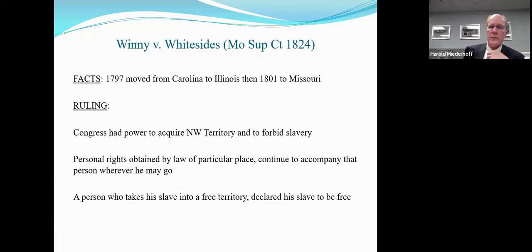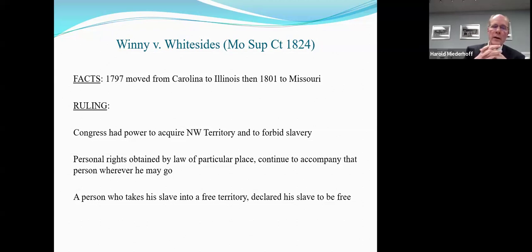The master moved to Illinois, stayed in Illinois for a while, creating residency there, and then in 1801 moved into Missouri. So you have a slave state of Carolina moving into a free state of Illinois, and then into Missouri, a slave state.